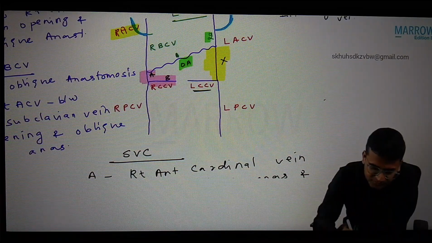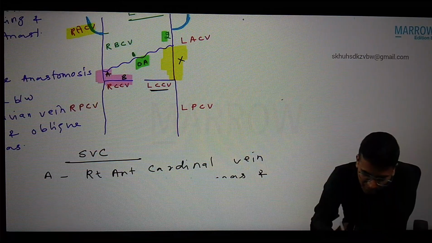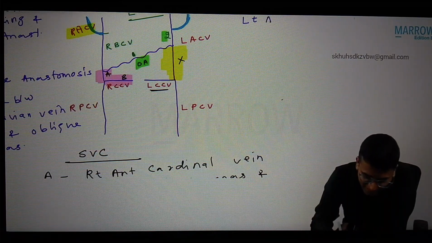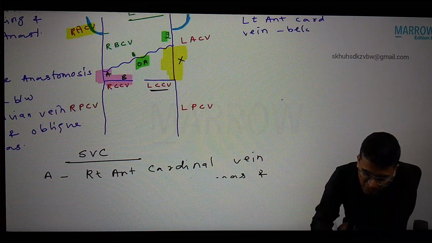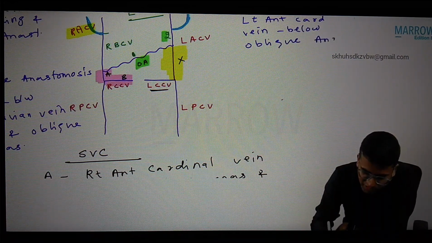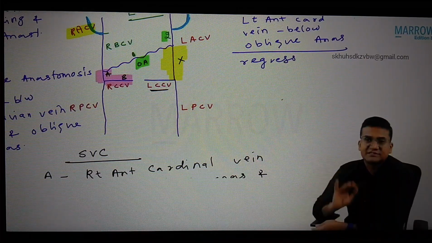Now I'll erase and write here. This is our left side anterior cardinal vein, which is present below the oblique anastomosis. It usually regresses.